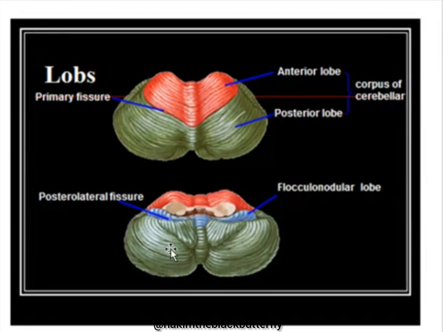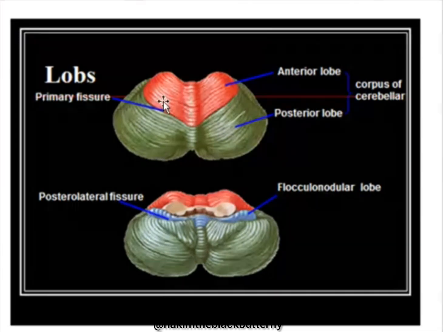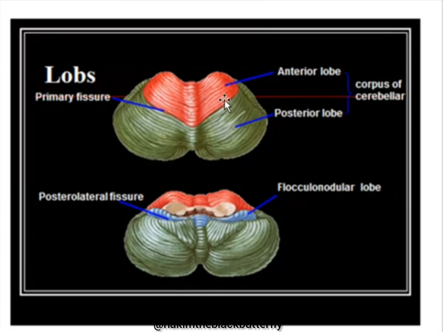This posterior or middle lobe is separated from the flocculonodular lobe on the inferior surface by what we call the posterolateral fissure. So the posterolateral fissure separates the flocculonodular lobe from the posterior or middle lobe, whereas the primary fissure separates the anterior lobe from the posterior lobe.